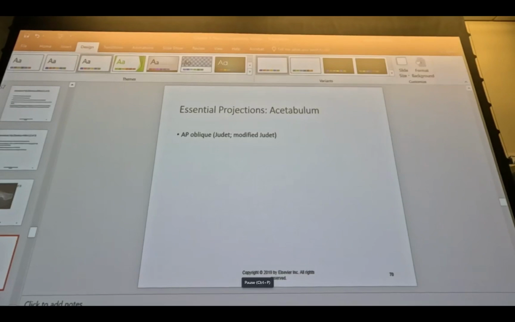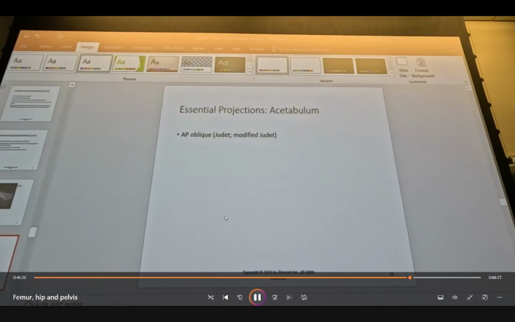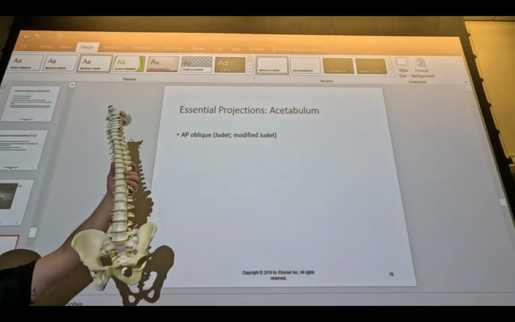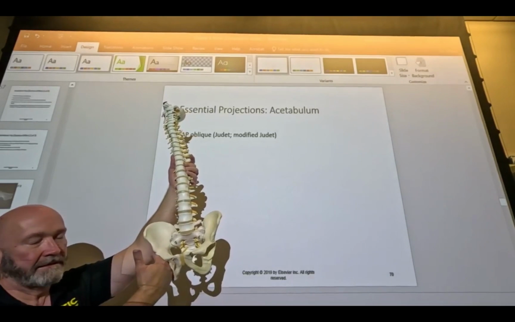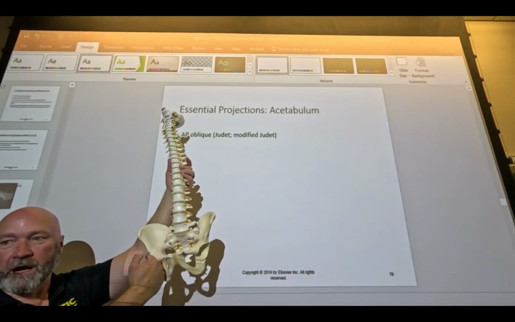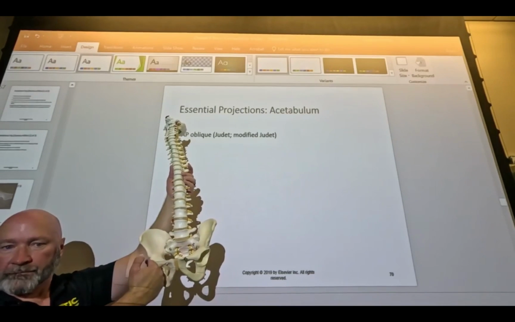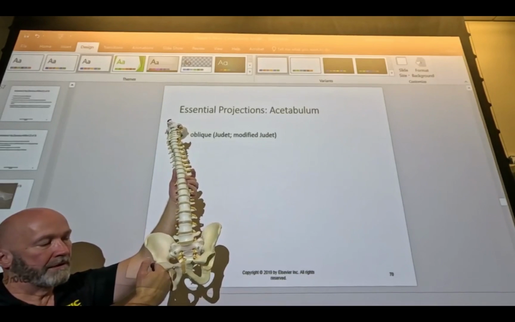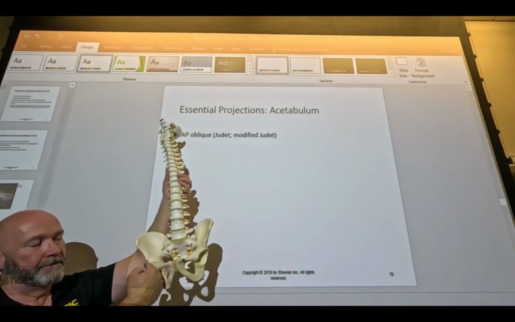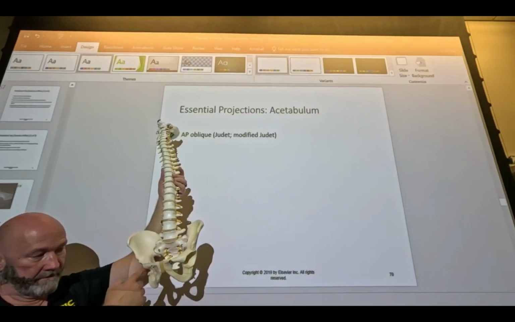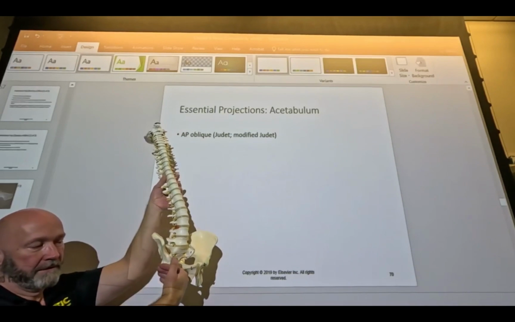If you look at the images on page 400, what you'll see is that with the patient in LPO, the acetabulum on the elevated side is pretty much looking directly up at the x-ray tube. So the LPO shows us a frontal view of the elevated acetabulum. With the pelvis flat, if the patient's laying flat on their back, neither acetabulum is AP or lateral. They're both at oblique.